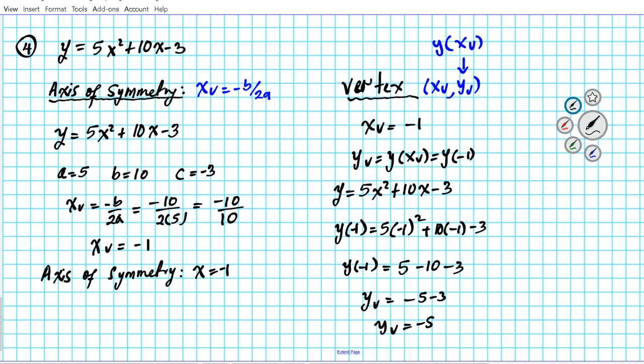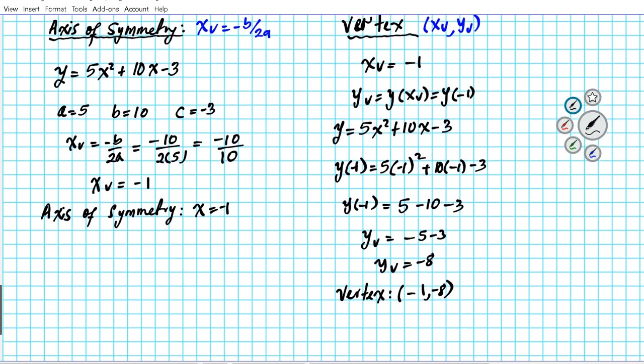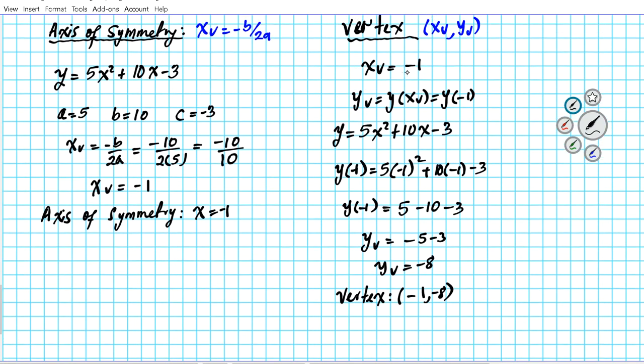The y-coordinate of the vertex is -8. So our vertex for this quadratic function is -1, -8, bringing together the x-coordinate of the vertex and the y-coordinate of the vertex.